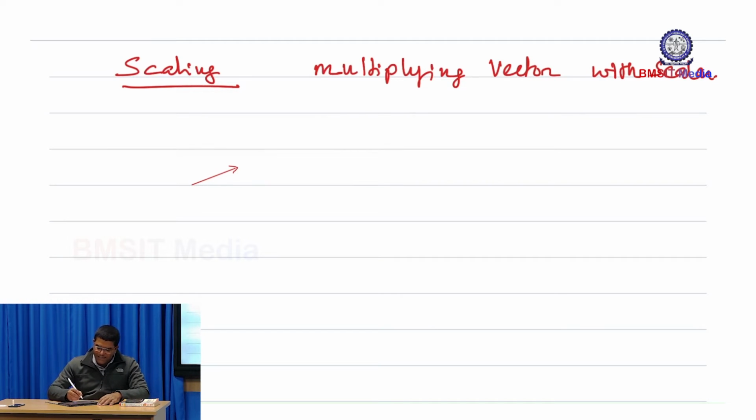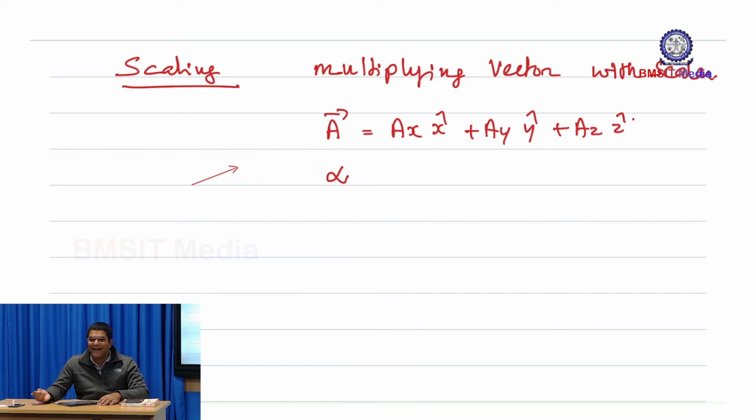In order to do the scaling, we multiply with a scalar. Suppose there is a vector A, defined as previously Ax x cap plus Ay y cap plus Az z cap, and a scalar represented by alpha. I multiply alpha, a scalar, with vector A. The result is also another vector, but every component, Ax, Ay, Az, gets multiplied by alpha.